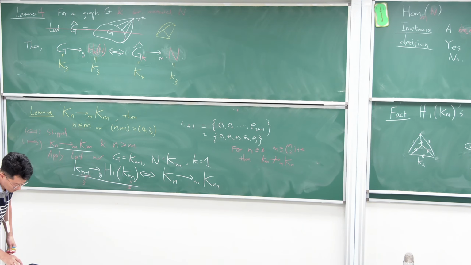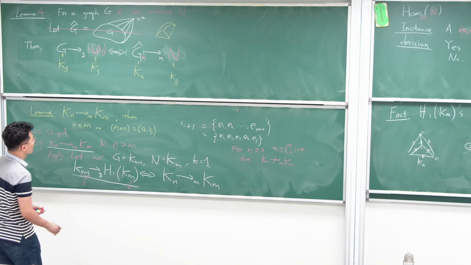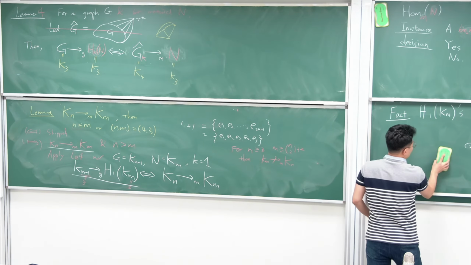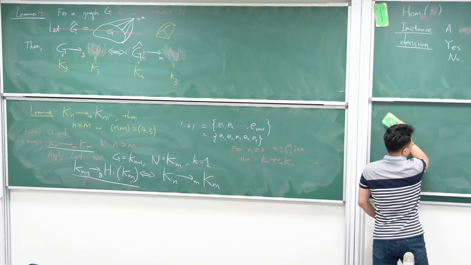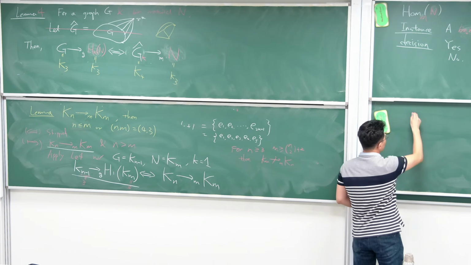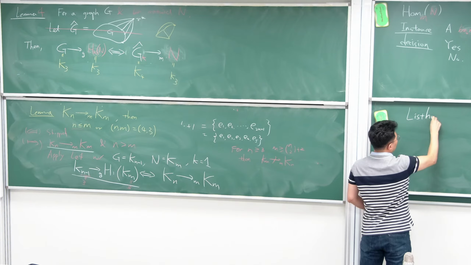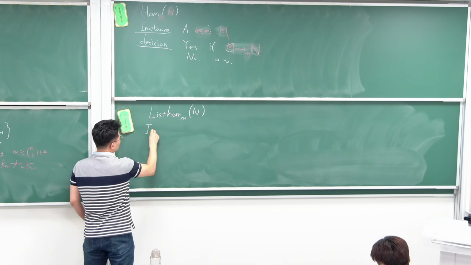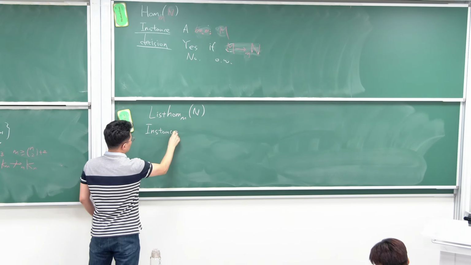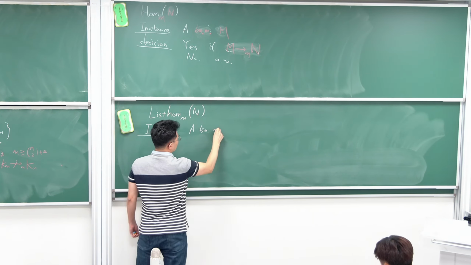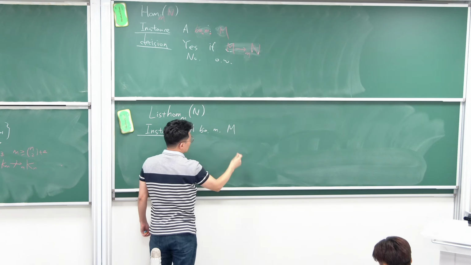So I have 10 minutes, so let me talk about variations of this problem. When you have homomorphism, we can consider some variations. The first one is list homomorphism. Its instance is a matroid M and a matroid N together with the list.